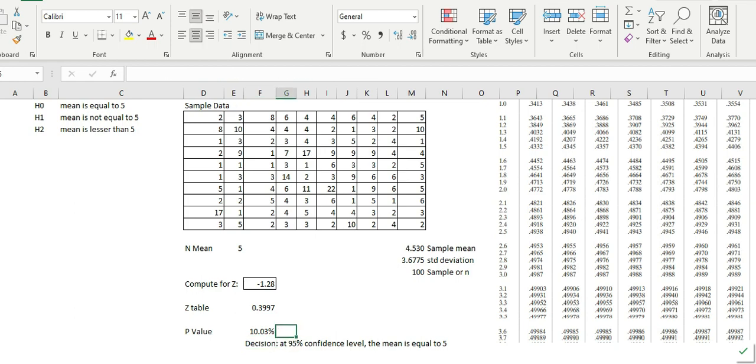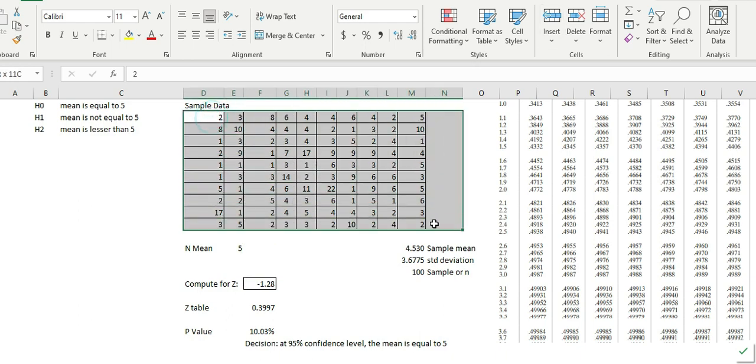So it is not right to reject the null hypothesis. So in this sample data here, we will conclude that the mean is equal to 5.